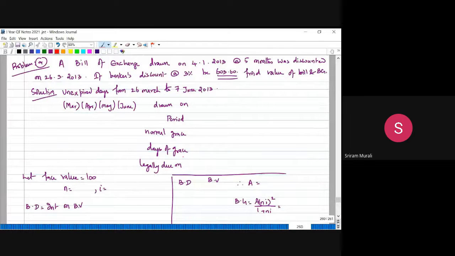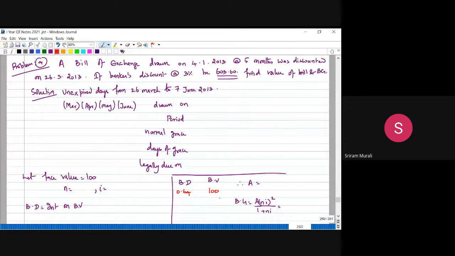So you take this question as homework. The same way we can solve this. First find the banker's discount using A into N into I. Then 0.64 as per the question. You will get banker's discount as 0.64.